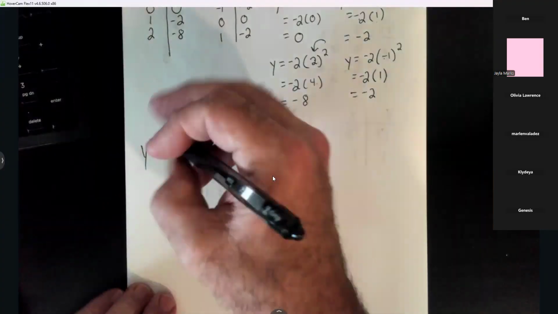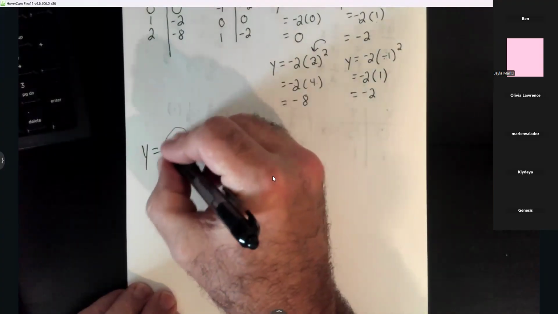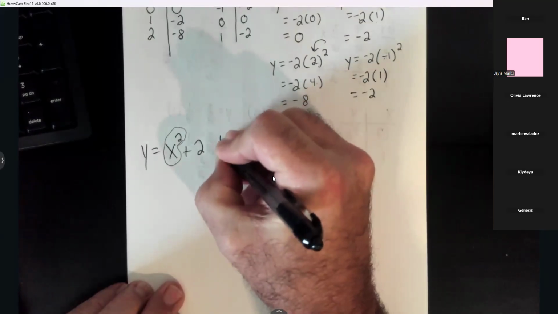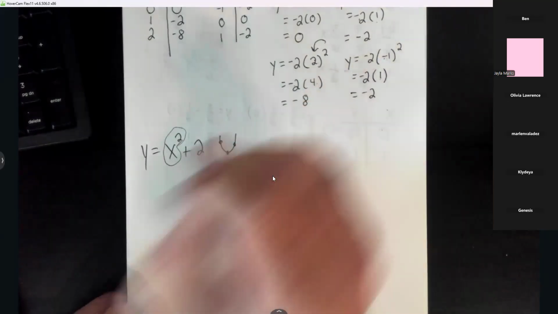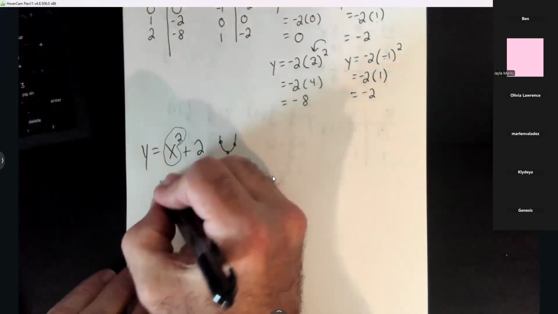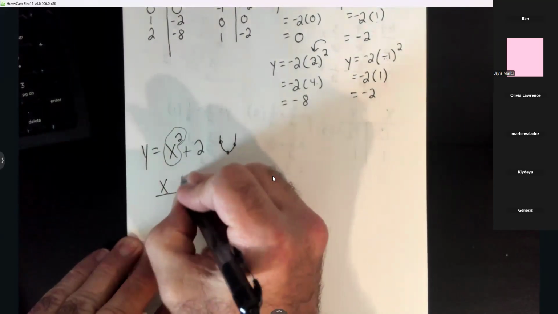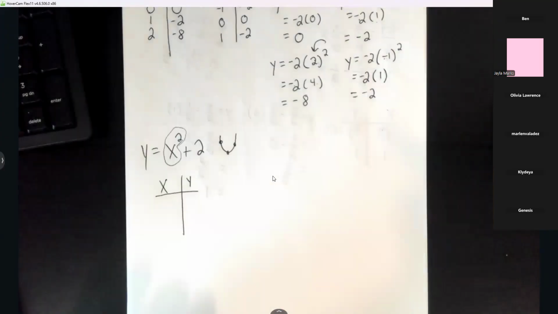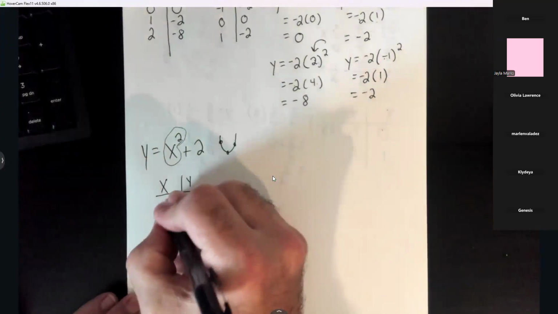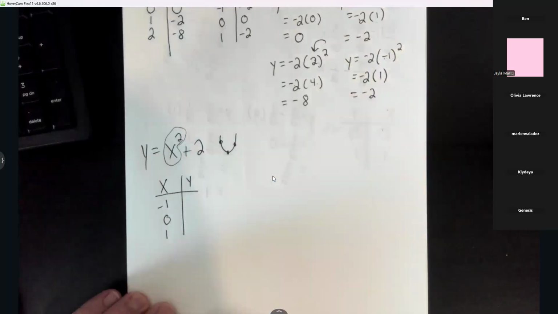X squared plus 2. You still got this x squared term in here. So this is still going to be the 3-point quadratic tool that we're going to need, okay? So we still need 3 points. So y'all, I'm going to keep my numbers small on this one, do a -1, 0, and a 1.